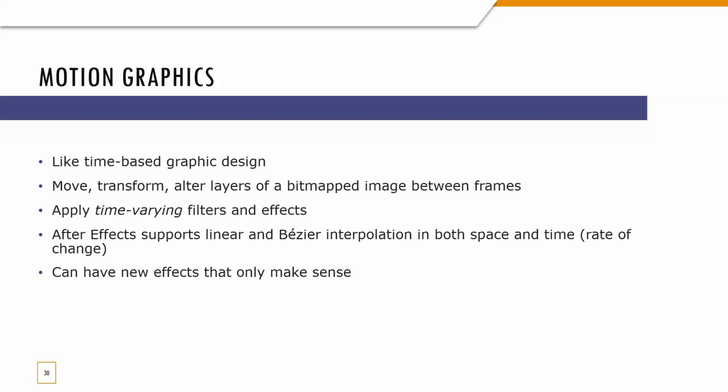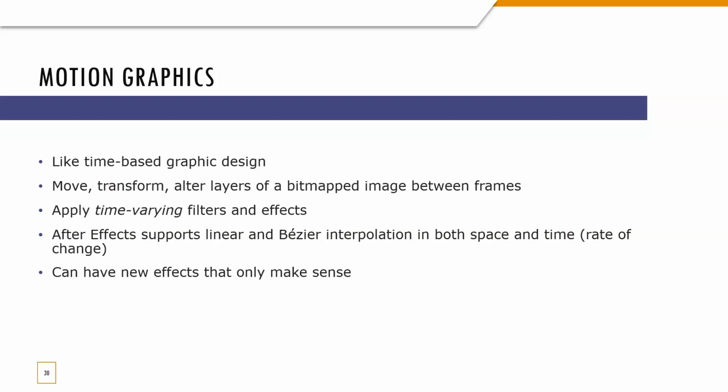For example, you want to have a butterfly flying in the air. You can use the motion graphics concept, where you draw it in, for example, After Effects, which is one of the video software. You can use that to create animation, edit the picture or combine all the pictures.